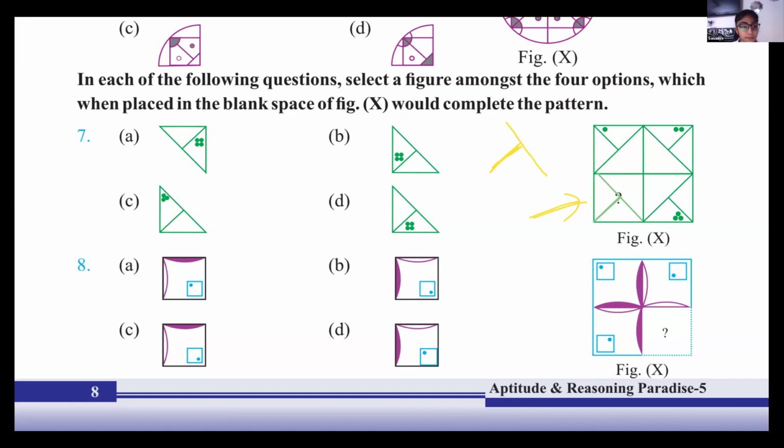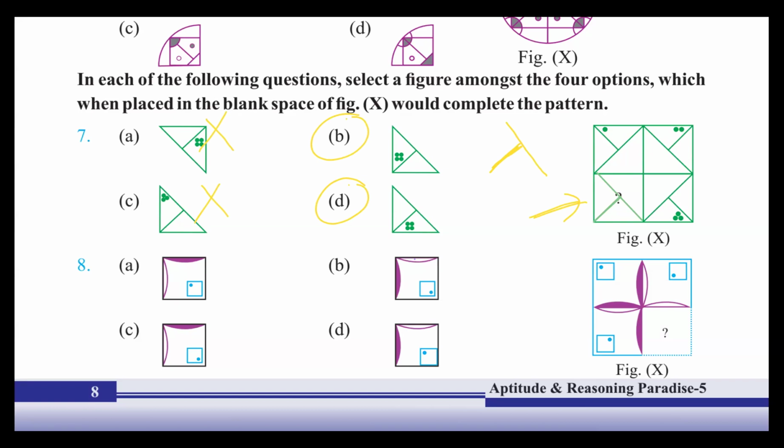Okay, ma'am. Means now out of the four options, we can see that either B part can be the answer or D part can be the answer. Okay, the A part and the C part are automatically removed, right? Isn't it? So now we'll see for B and D part.